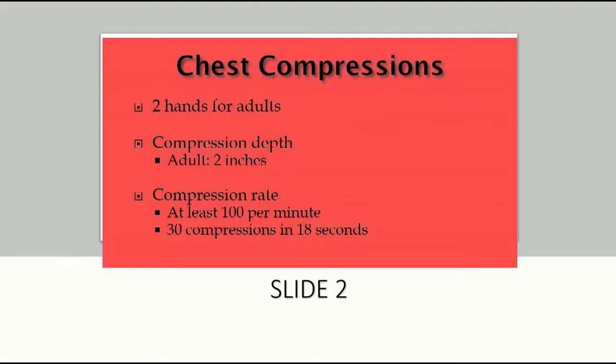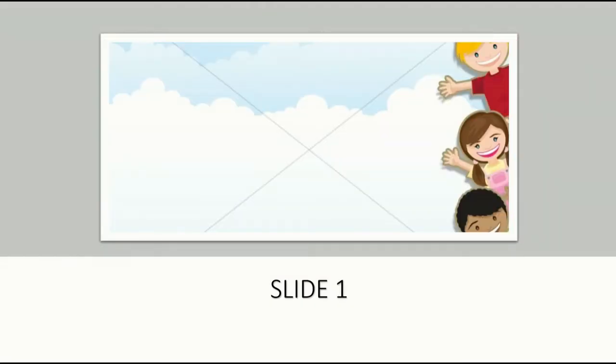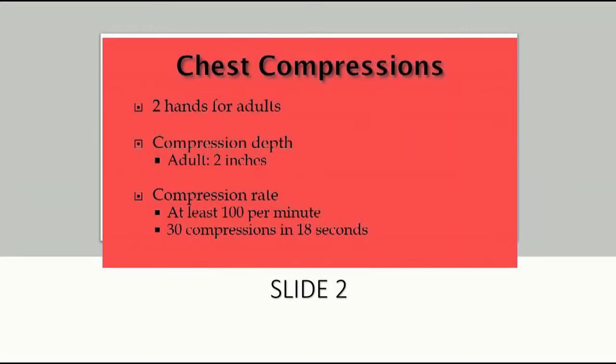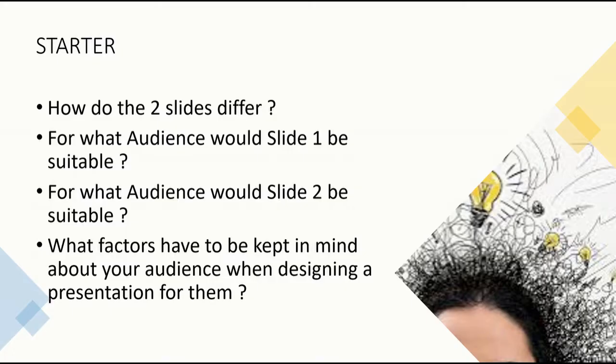Clearly, you can see that slide 1 was a bit more colorful. It had some pictures and images on it. It had a background. Slide 2 was pretty much plain. It was more of an informative slide. For what audience would slide 1 be suitable?